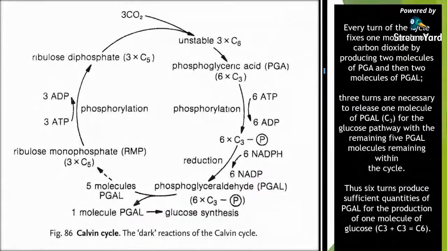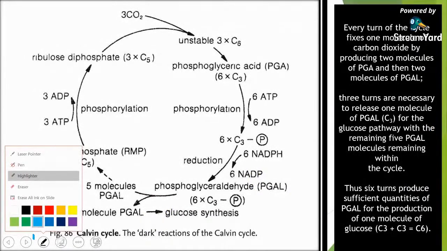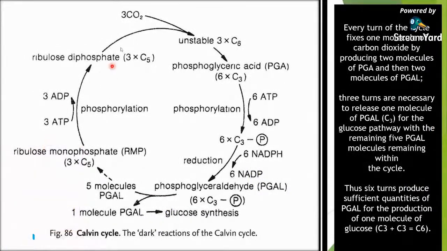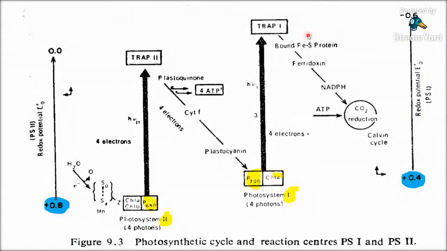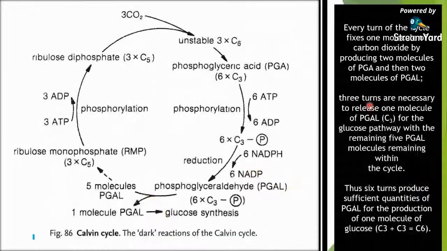In the Calvin cycle, you can get better pictures. Here, the NADPH molecule and ATP molecule will be used for the reduction of CO2 to carbohydrate, and CO2 is coming from the air through the stomata.